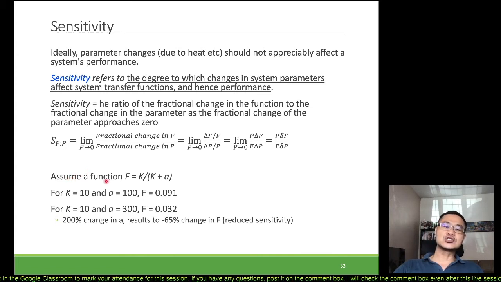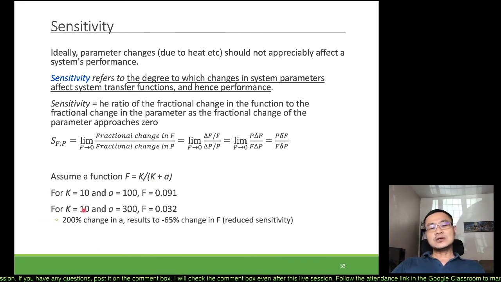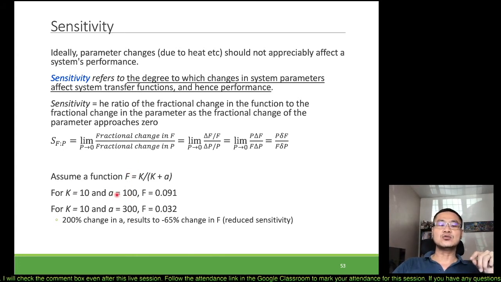Let's assume a function f equals k divided by k plus a. Assuming we don't change k, we only want to know how a affects this function. So we change a from 100 to 300, which means we are changing the a parameter by 200%. And we realize that f decreases by minus 65%.